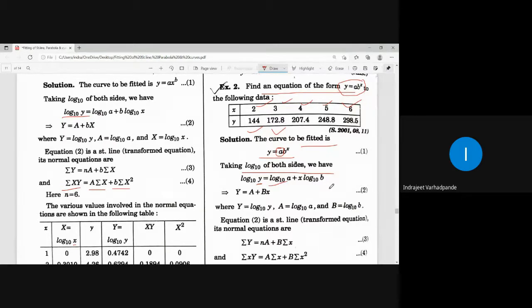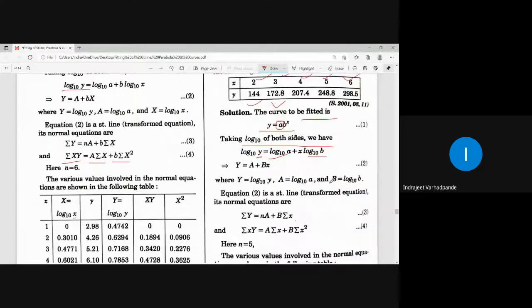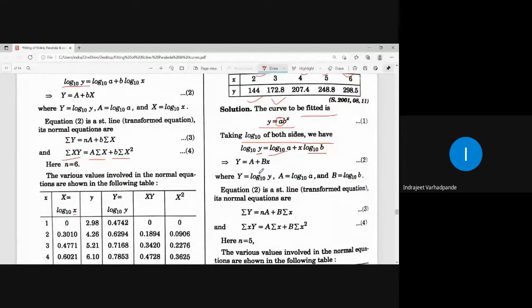But b to the power x is written as x into log b. So I represent log of y to the base 10 as capital Y, log a to the base 10 as capital A, log b to the base 10 as capital B. So my linear relationship is generated as capital Y is equal to capital A plus capital B into x. This is our equation which is transformed from the original given curve.